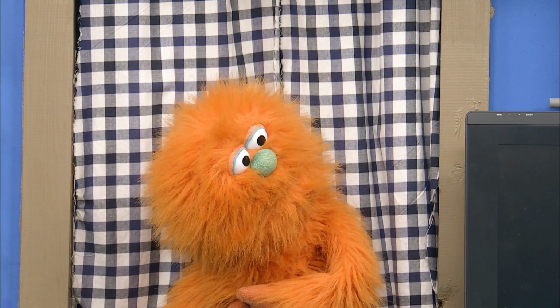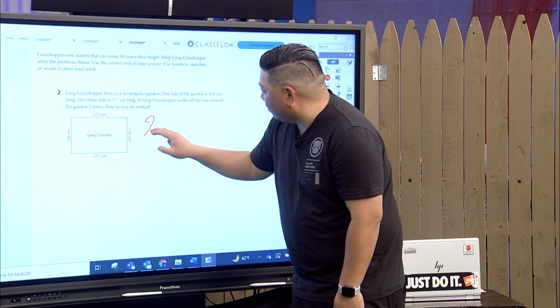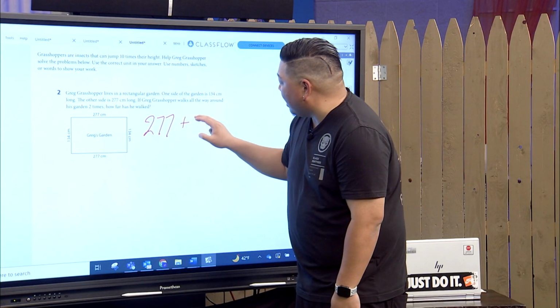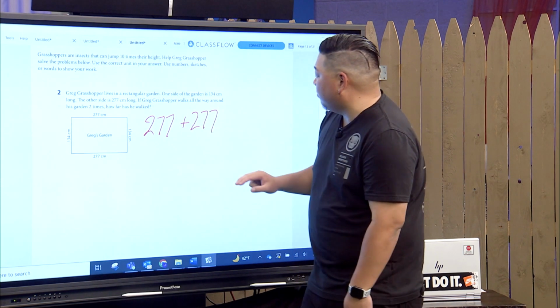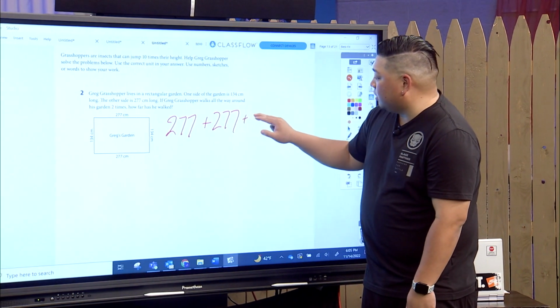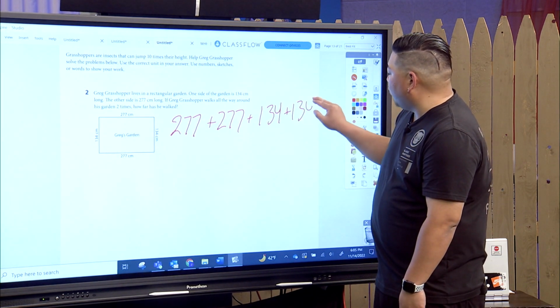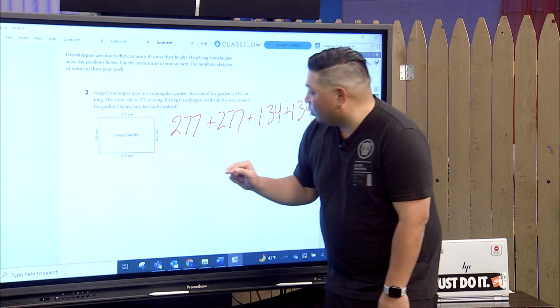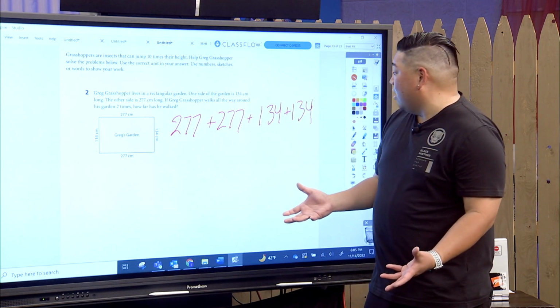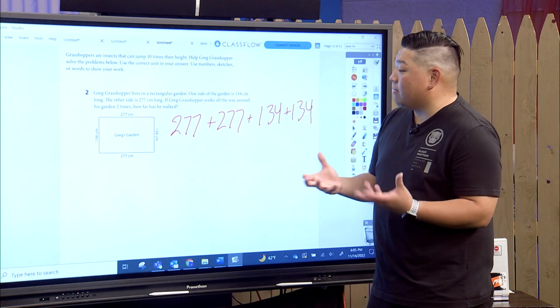Sure. All right, so if we know 277, and we have to add that to 277, plus 134, plus 134. Okay, so we can go ahead and split this down and add up all the place values together.